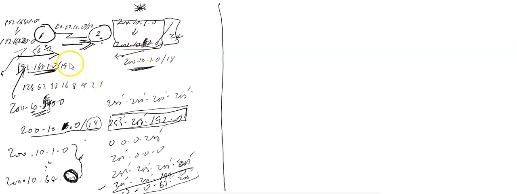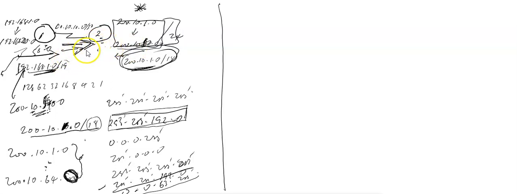But based on the expansion of this summary address, it says router 2 has all these routes, 1.0 to 64.0. But in actual fact, it has just 1.0 to 50.0. So what that simply means is that if you are trying to reach a network starting from 51.0 down to 64.0, router 1 will be pushing those packets to router 2 because router 1 will always believe that router 2 can get to those networks.